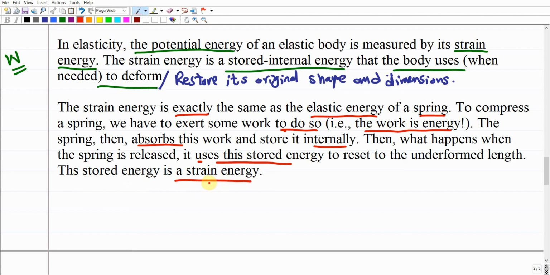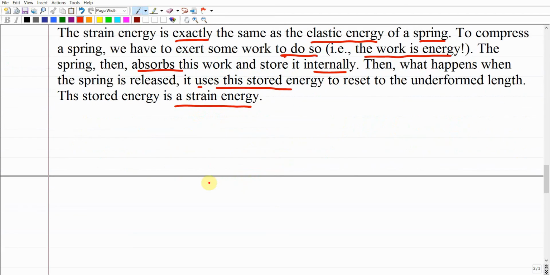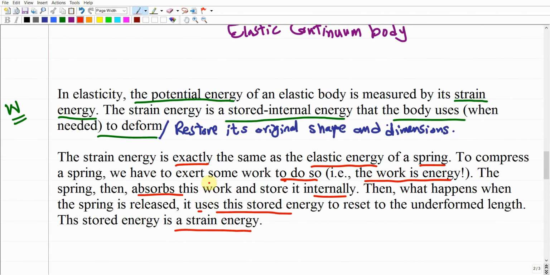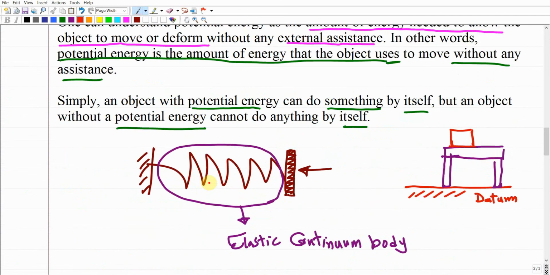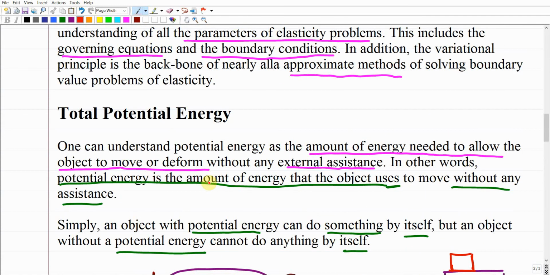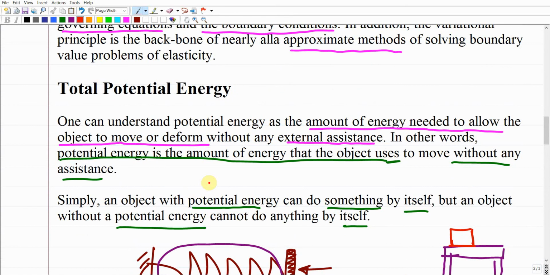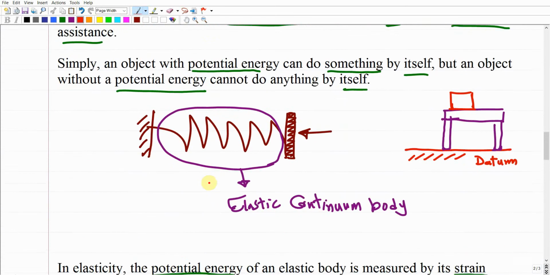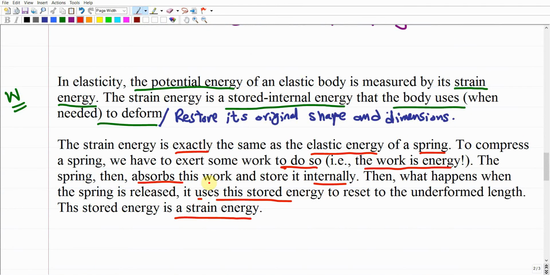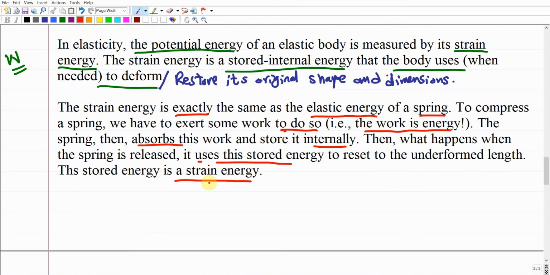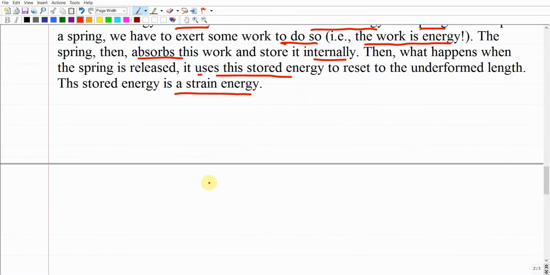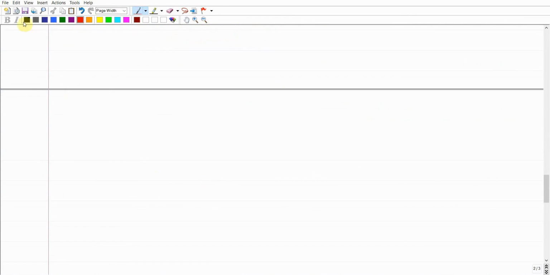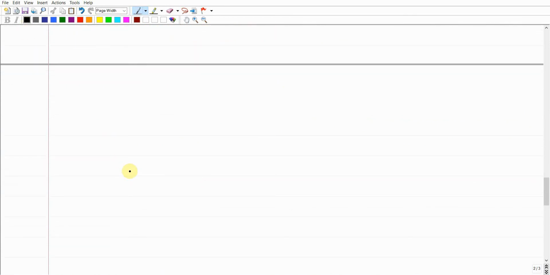This stored energy is the strain energy in the typical example of elastic springs. So this is the physical meaning of potential energy, and now we have to collect all of these different potential energies, and we said that in elasticity, this potential energy is the strain energy, the total strain energy of the continuum.